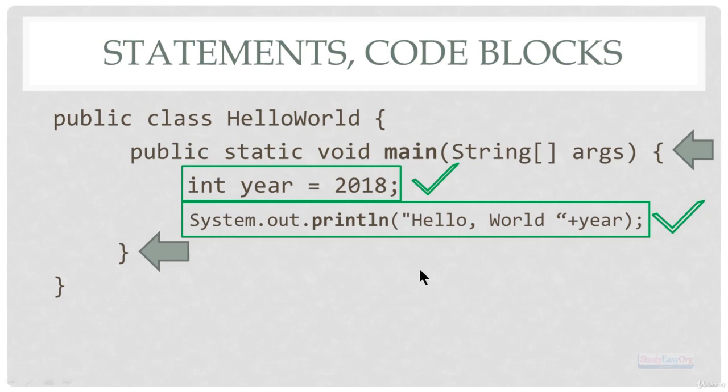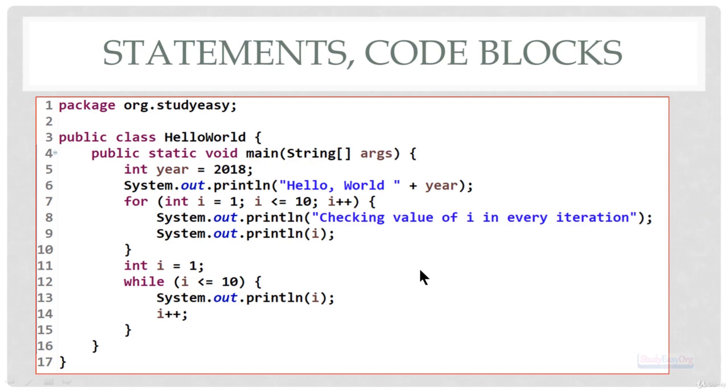Let us check a more sophisticated example. In this example, there are numerous statements, and if we check, there are code blocks. For example, from line number 7 to line number 10. Here is a set of braces, and here is nothing but a code block. So this for loop is nothing but a code block, where inside the braces of this for loop, we have a set of instructions.